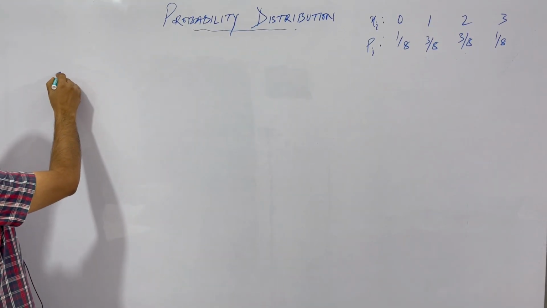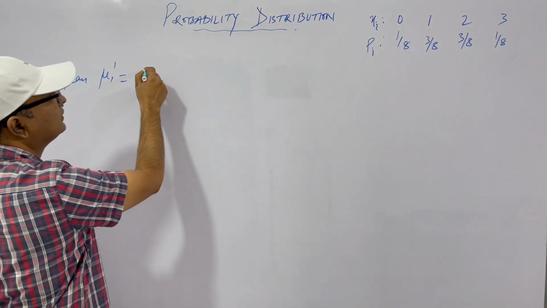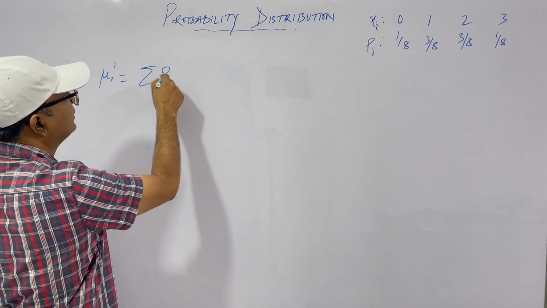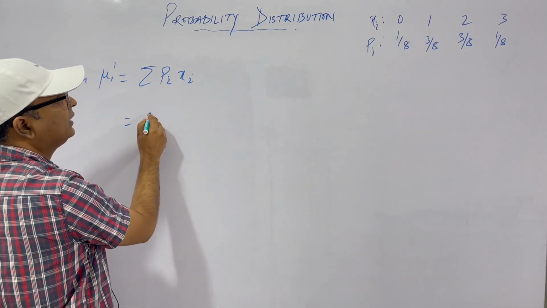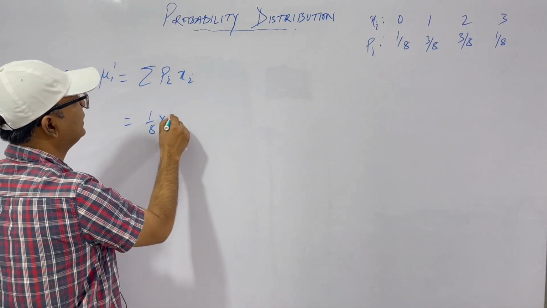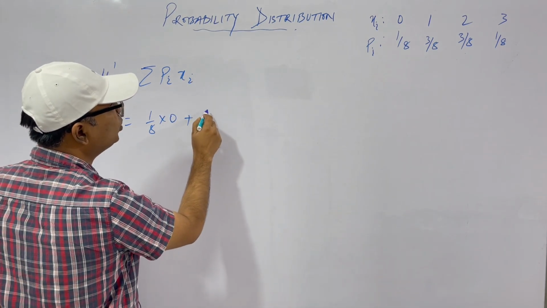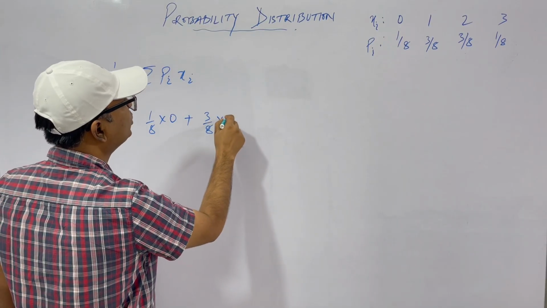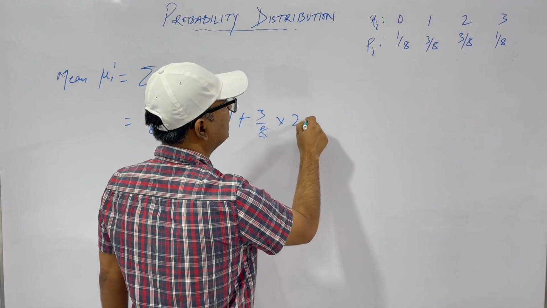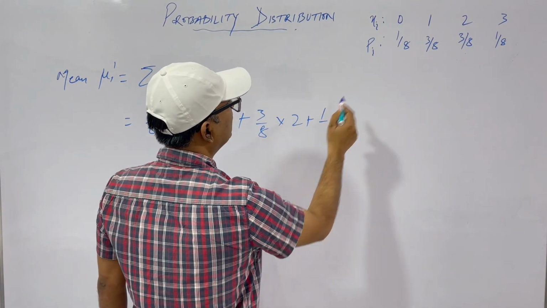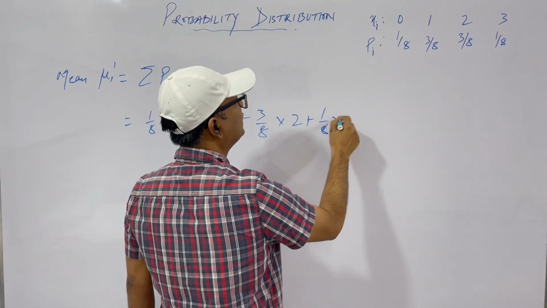So the mean mu1 dash is sigma pi xi. What is the meaning? Adding all, that is p0 into x0, which is 1 by 8 into 0, then p1 into x1, that is 3 by 8 into 1, plus p2 into x2, plus p3 into x3, that is 1 by 8 into 3.